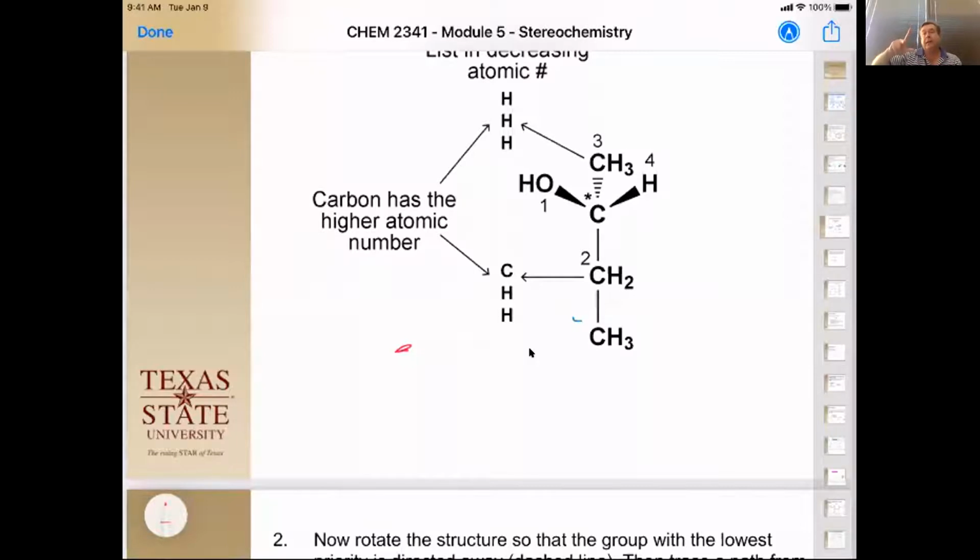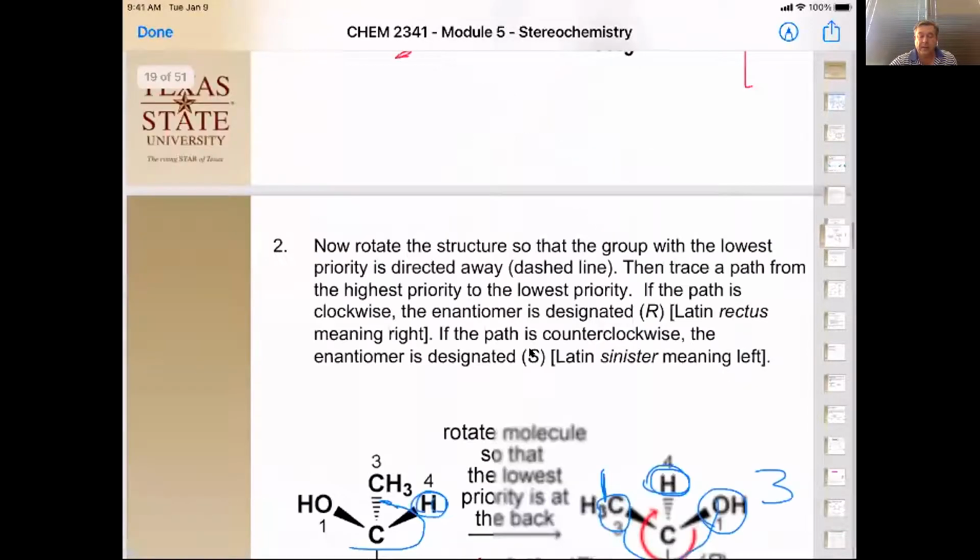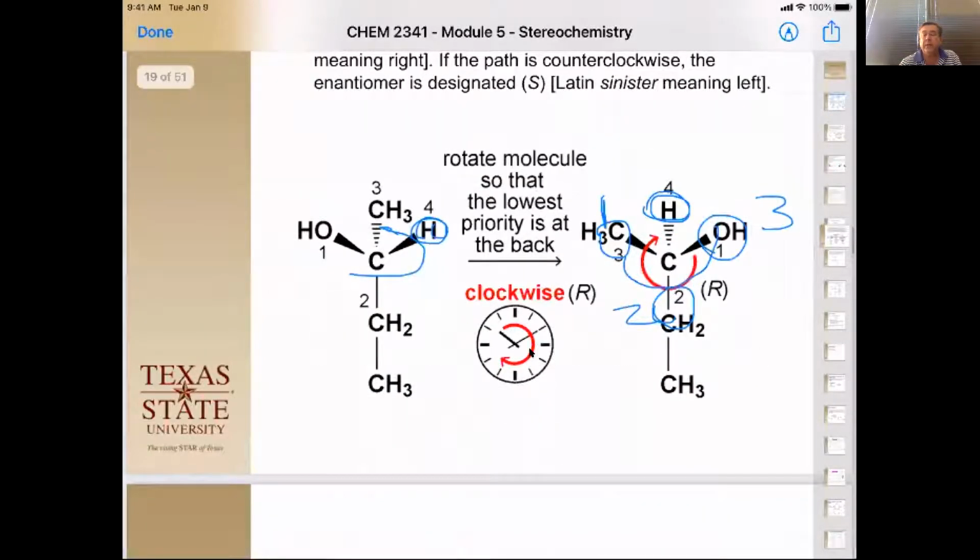I like the hand method because you can orient your hand any way the molecule is drawn on the paper. You don't have to actually redraw it with a rotation. Okay. So let's try their method one more time here. Again, we assign our prioritization. Then we get all 3 of our higher priority groups either facing out at us or in the plane of the paper. And then we look to see which way the priority goes.